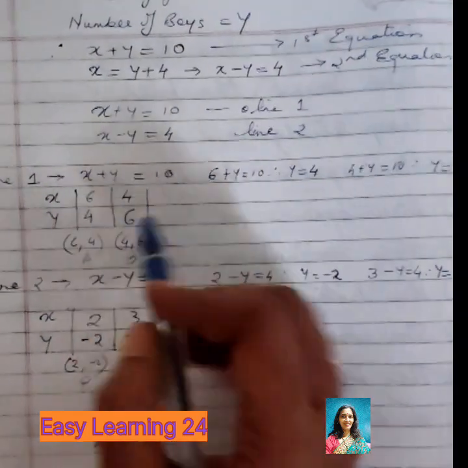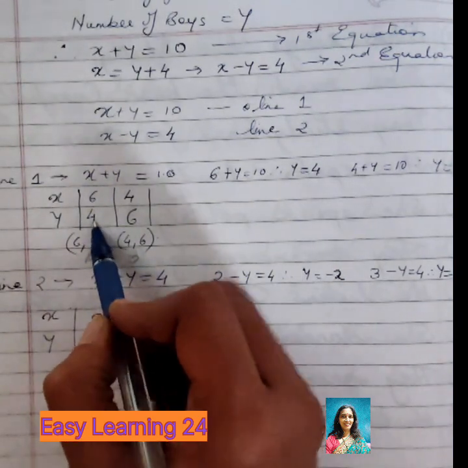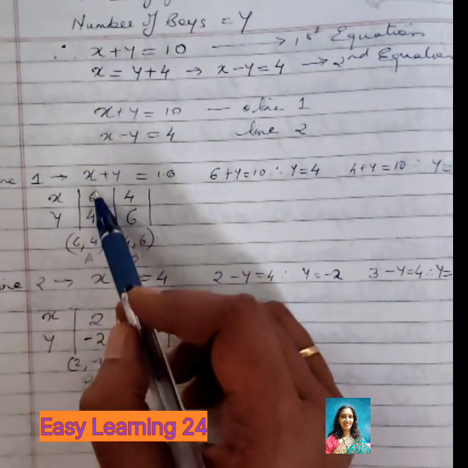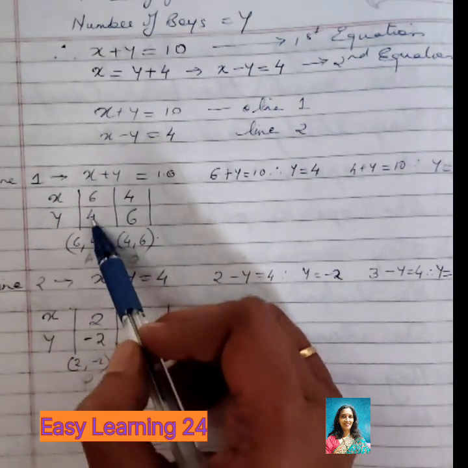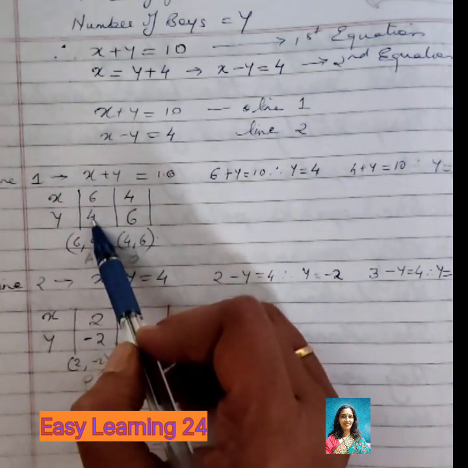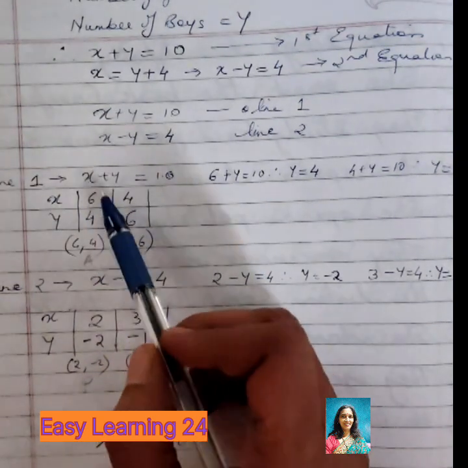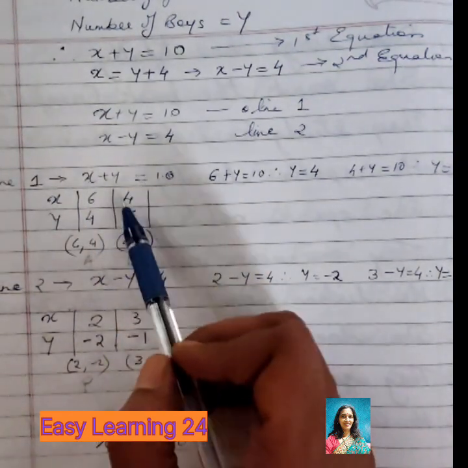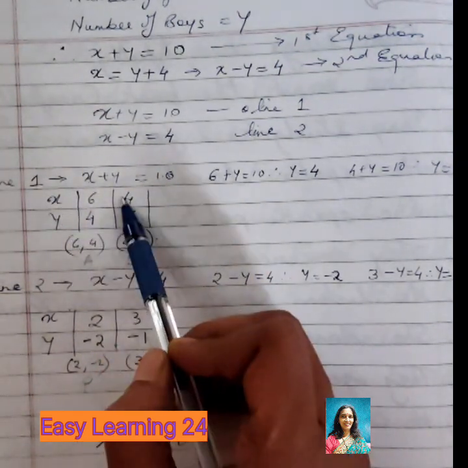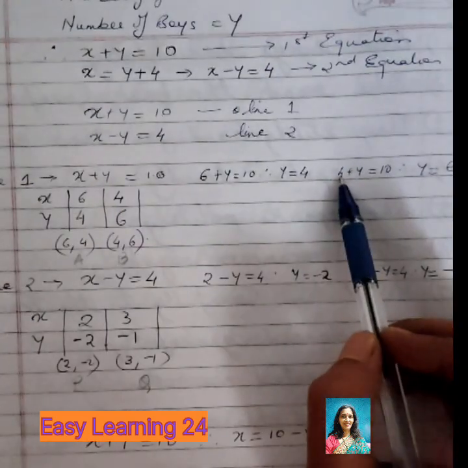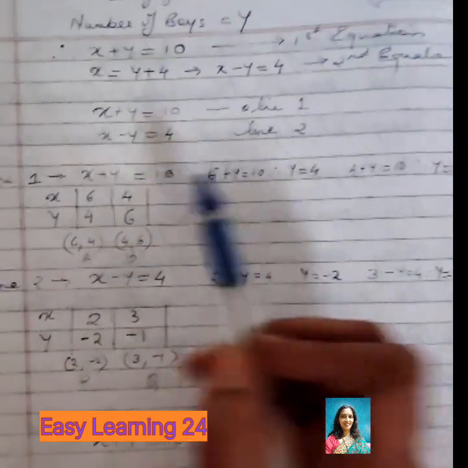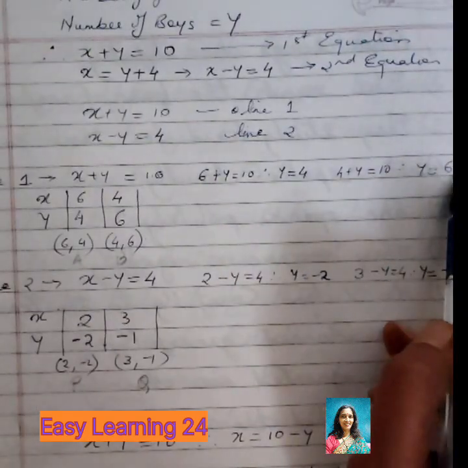I'm going to put here y is equal to 4. So this you get 1 point, okay, which has a 6 number on x-axis and 4 on the y-axis. Now the second point of this line, we are going to assume x as 4. So x as 4, see here, 4 plus y is equal to 10, therefore y is equal to 6.